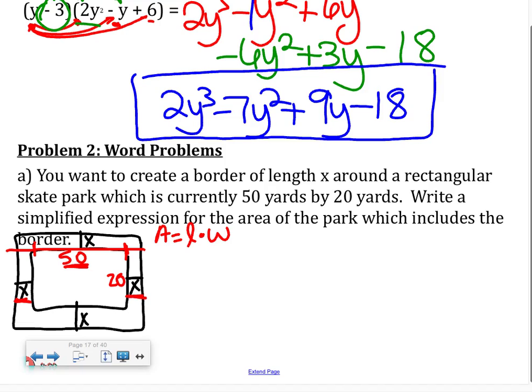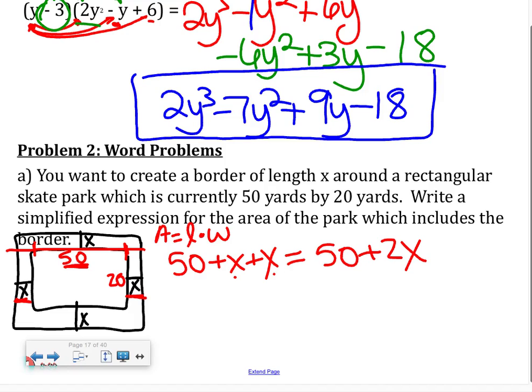So really my length now is 50 plus x plus x. But we are algebra students, so we should make that look better. What we really have is 50 plus, and since I have x plus x, I now have plus 2x.